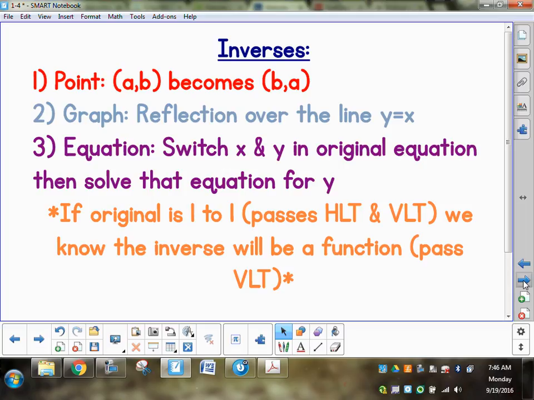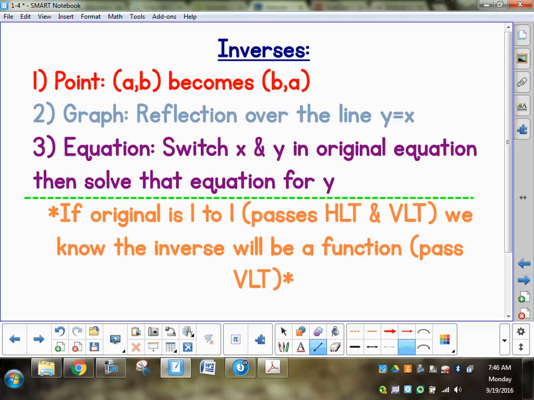Now here's why we talked about a one-to-one function. This is important, especially as you go on to calculus and pre-calc, because we need to make sure our function rules are followed. If the original function is one-to-one, meaning it passes the vertical and horizontal line test, then the inverse will be a function, and I know that without finding the inverse.